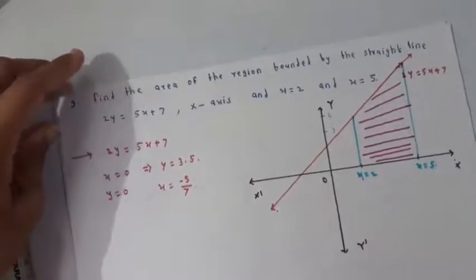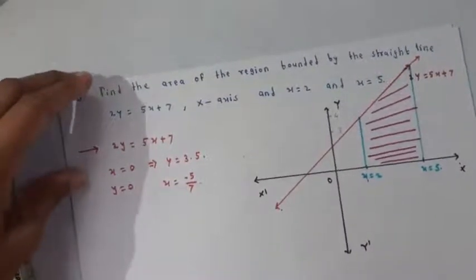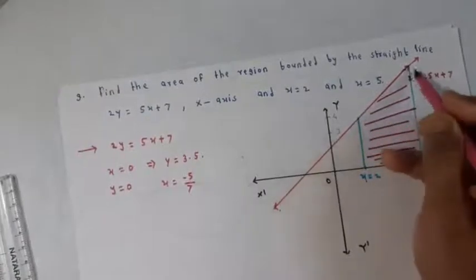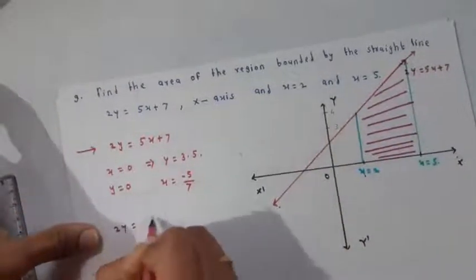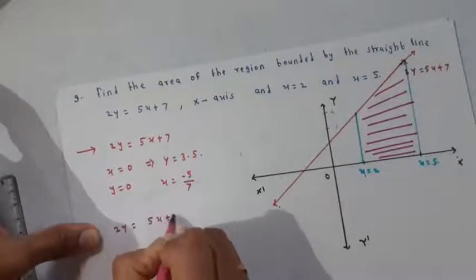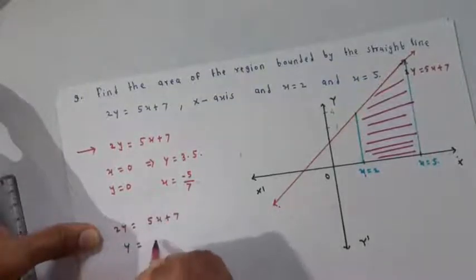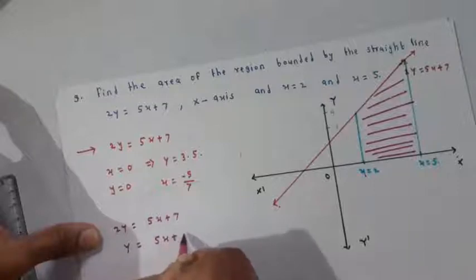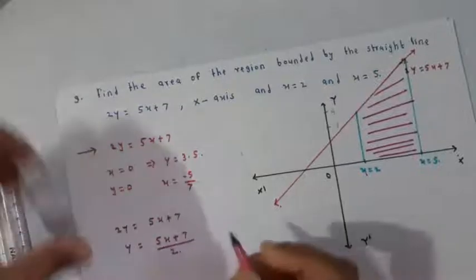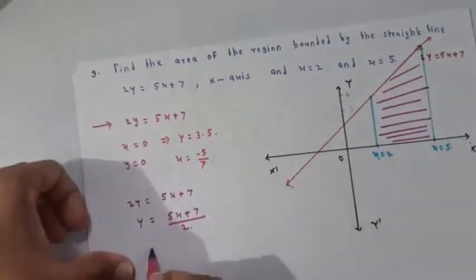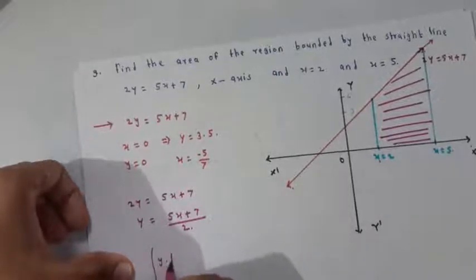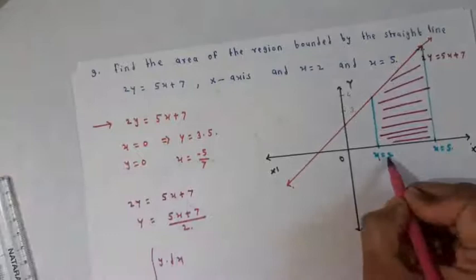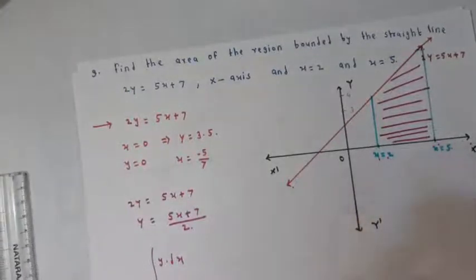So to find this area due to the line, 2y equal to 5x plus 7 gives y equal to 5x plus 7 upon 2. The required area is the integral of y with respect to x, with limits of integration x equal to 2 to x equal to 5.